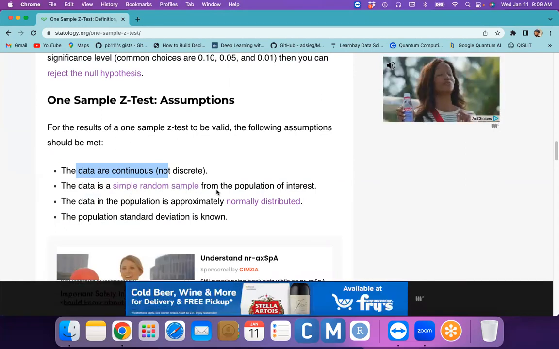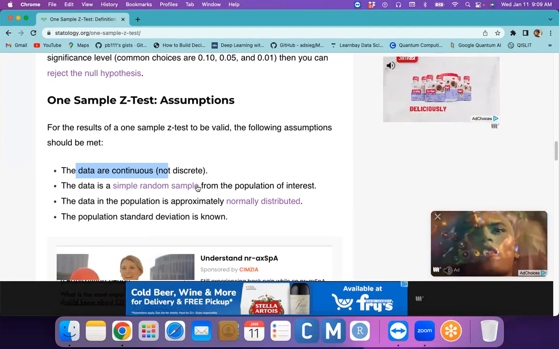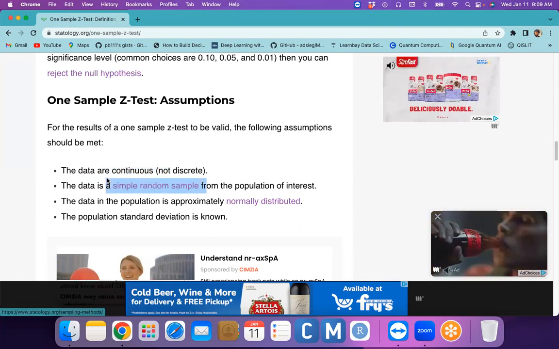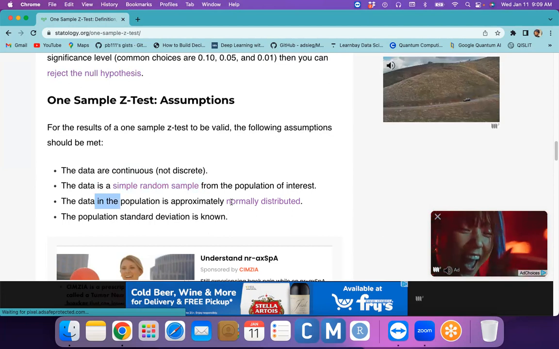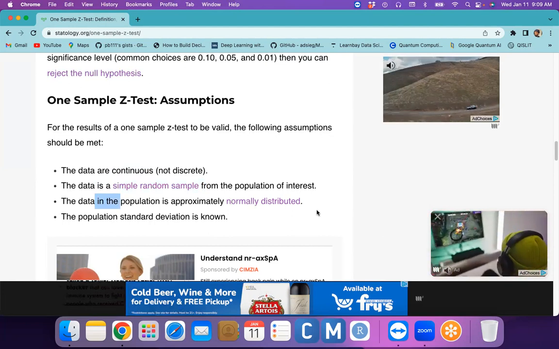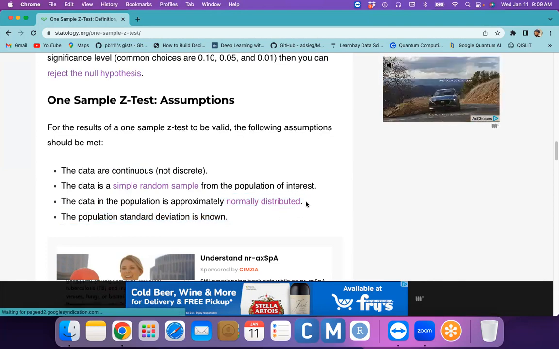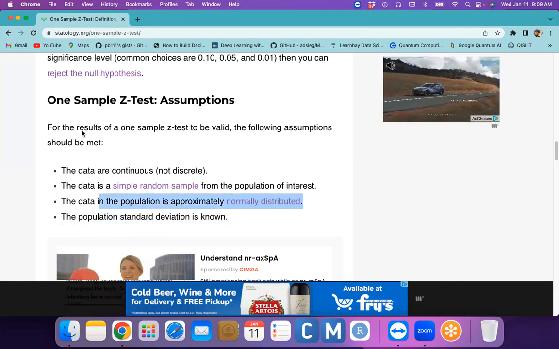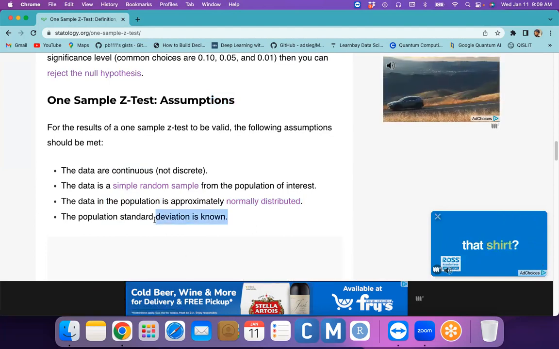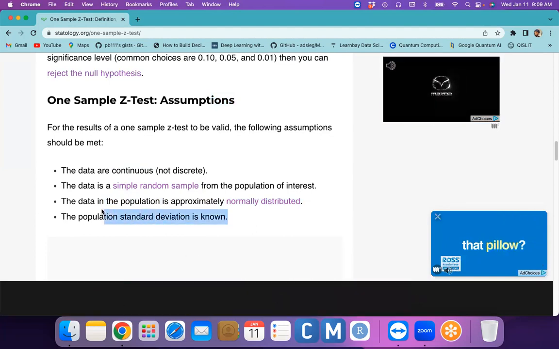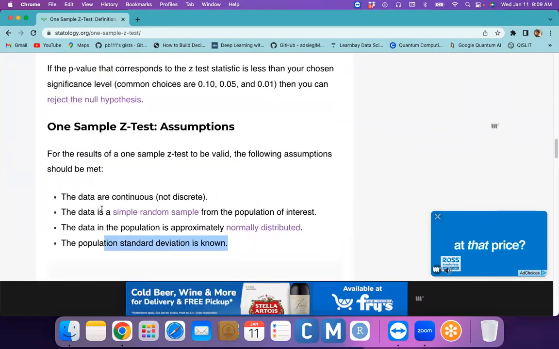Since you have a population, from the population you should pick up some sample data, and that can be done with the help of a simple random sample only. And your data should be approximately normally distributed. If and only if your data is normally distributed, then only we can do the Z test. And make sure that your population standard deviation must be known. Clear? Clear or not?